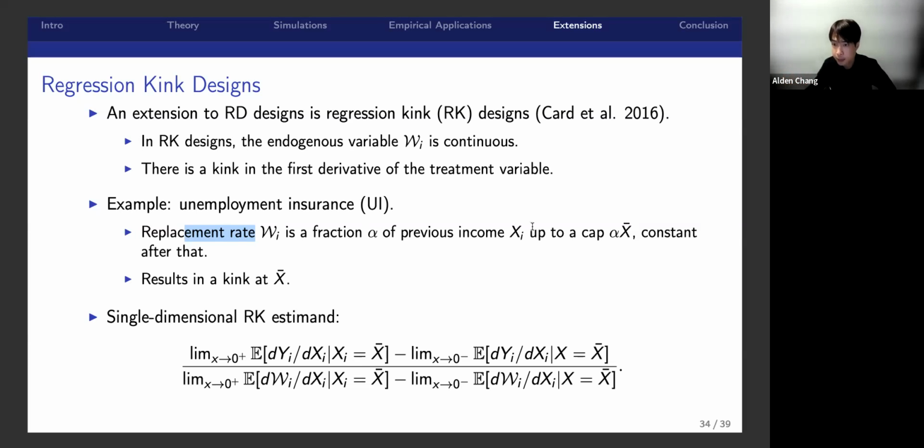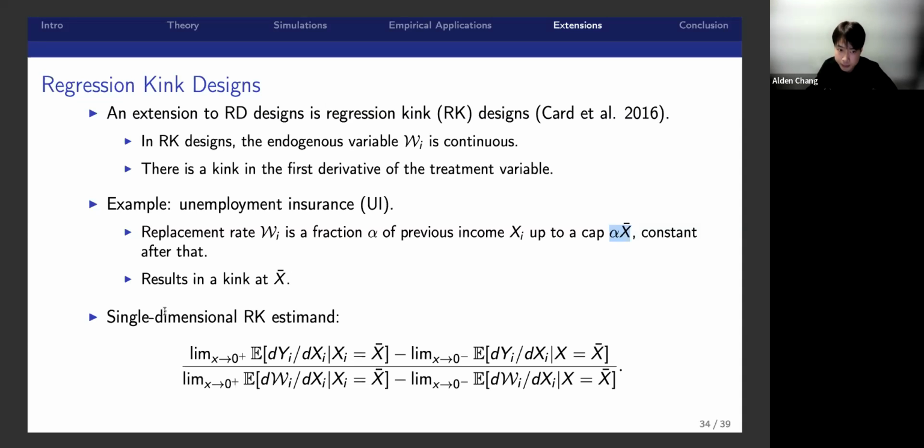After this cap, assume the maximum is alpha times X bar, even if your previous income goes even higher, the UI benefits just stay constant. Makes sense because you don't really want to pay millions of dollars in UI benefits to unemployed CEOs. So what this results in is a kink at X bar.